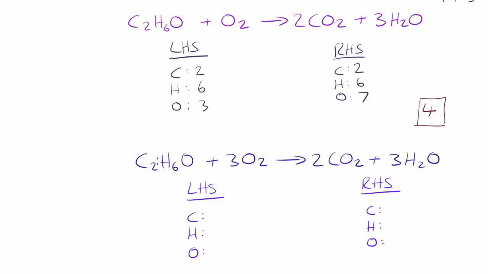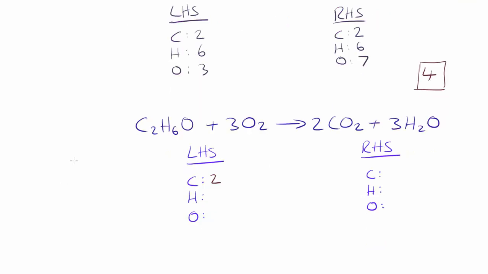It's for this species, which is the only species on the left hand side that contains carbon. It means it's going to be the same because we didn't change it, so it's going to be 2. For hydrogen, similarly, we didn't change anything with regards to the only species on the left hand side that contains hydrogen, so that's just still going to be 6. But for oxygen, as we said, so that's going to be 6 from here. So it's 3 times 2 is 6 plus 1, so that's going to be 7, right?